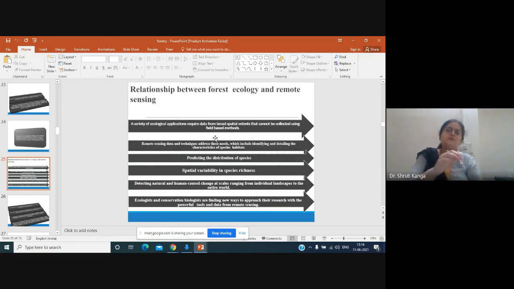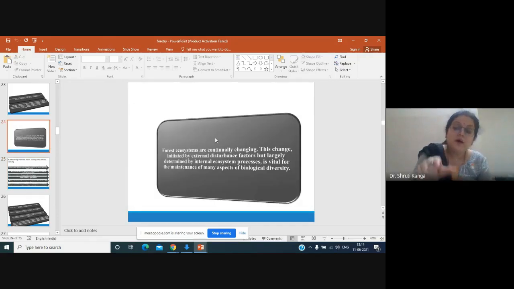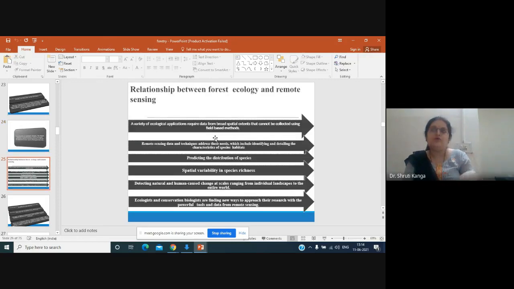Now, how can this remote sensing technique be beneficial for the identification of the changing scenario in the forest ecosystem, and how can these remote sensing based observations be helpful for managing this kind of destruction, or the disturbances of different ecosystems?